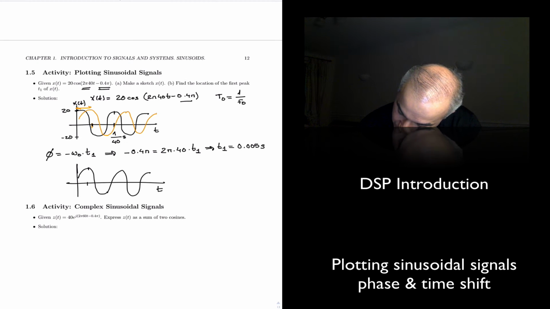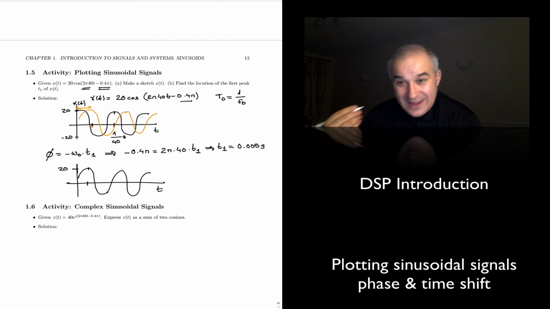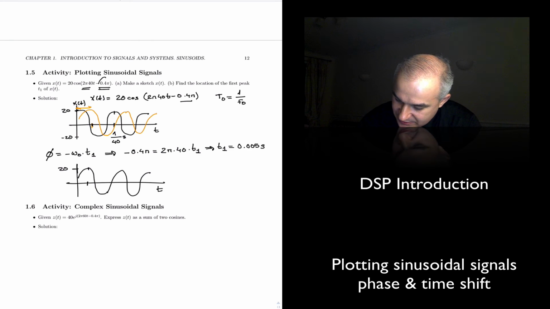And so, to properly sketch the signal, this is what we will do. We have to determine the location of the first peak, so the amplitude, 20. The location of the first peak sketches this part of the signal, which is 0.005 seconds.